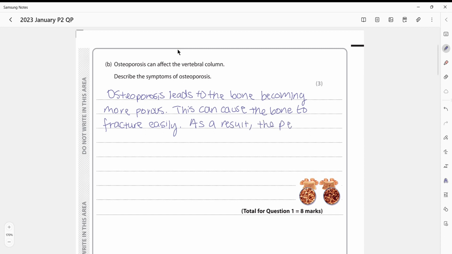The person would experience pain and may have a poor posture. So people with osteoporosis tend to be kind of hunched over.